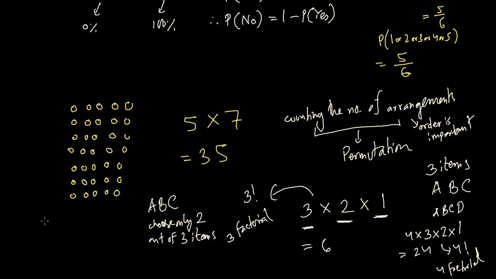First, if you write it out, it can be A, B, or it could be B, A, 2 arrangements of this. It could be B, C, or C, B. It could be A, C, or C, A. Ordering is important. So we counted 1, 2, 3, 4, 5, 6.